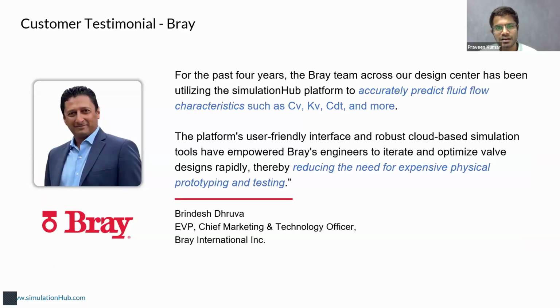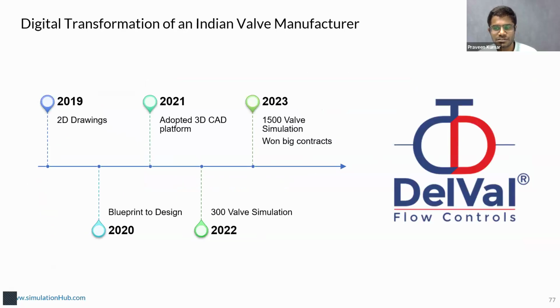So this week we'll discuss one such story from Delval. When we started our association with Delval, they had started with 2D drawings. It is a complete digital transformation of an Indian valve manufacturer, and we have been constantly involved in that journey from the start. They adapted to 3D CAD models, and then the simulation part.